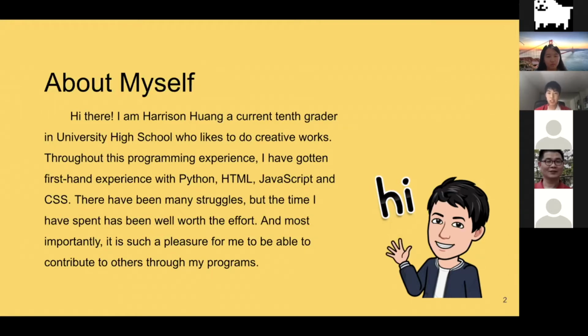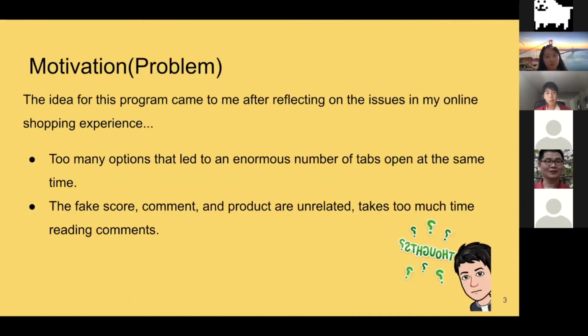Although I'm just a normal junior high school student, and not a professional lecturer, I'll try my best to explain how my program works and how it's useful in daily lives.